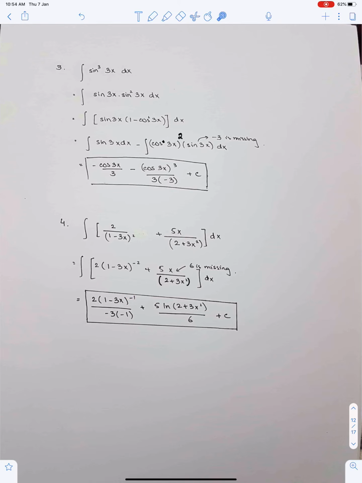Minus 1 is the resultant power, and minus 3 is the differential. The differential of this denominator is 6x. So 6 is missing. Leave this 5 as it is here. So ln (2 plus 3x squared) over 6. Make sure you use modulus with ln.